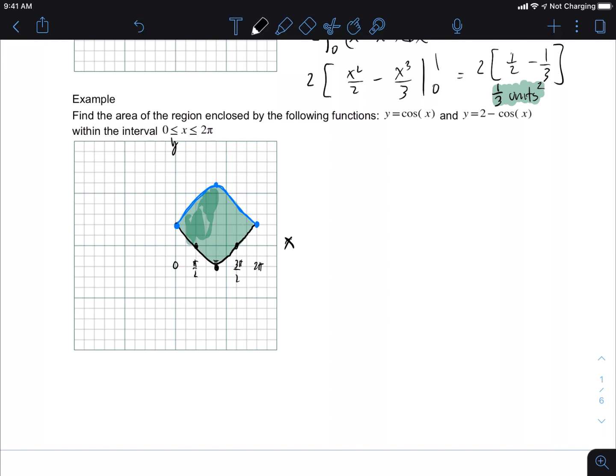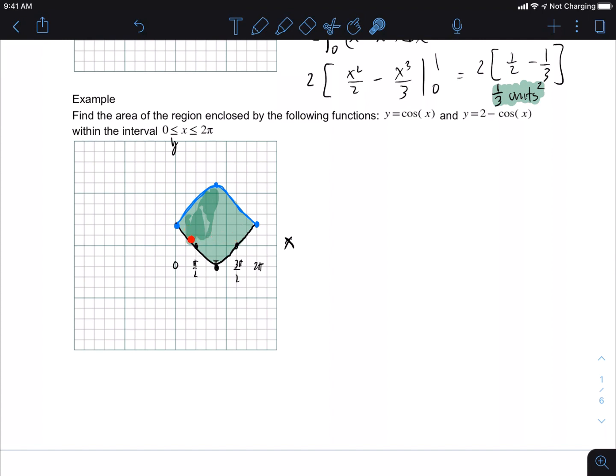Now, here's something important for us to analyze and think about, okay? Which way should we integrate this? Should we integrate this in terms of y, or should we integrate this in terms of x? If we did it in terms of y, we'd have to take a slice going this way, horizontally.